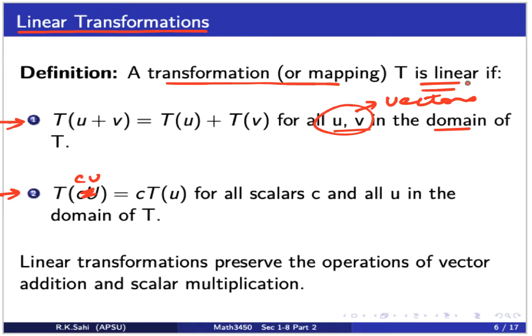Okay? And if those sets are n and m dimensional spaces, then definitely there will be an n dimensional vector and an m dimensional vector. But in this definition, it is very important to keep in mind that this is a linear transformation. I am looking at a very abstract definition.